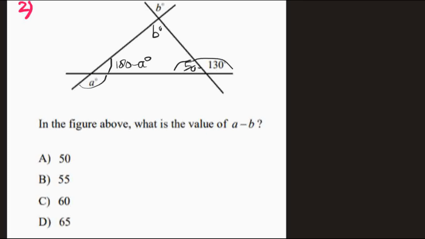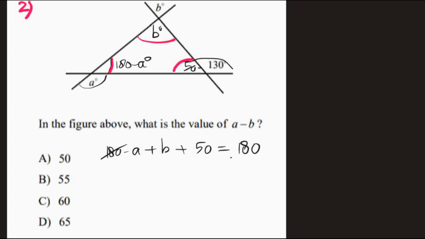So now we use the sum of all angles of a triangle: 1, 2, 3 is equal to 180. Now let's write it down here. 180 minus A plus B plus 50 is equal to 180.